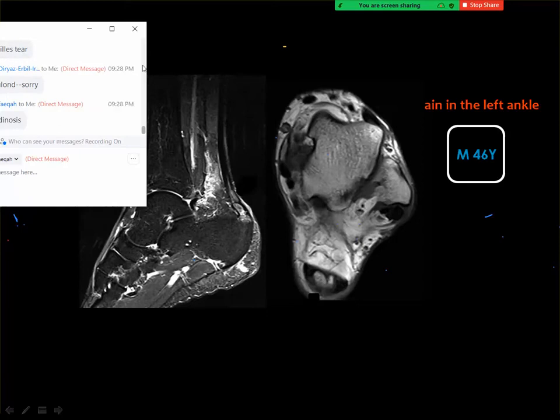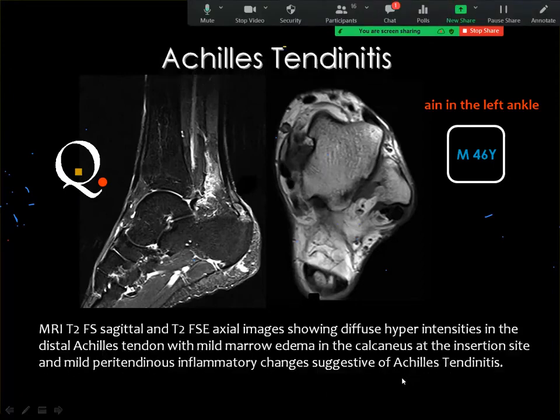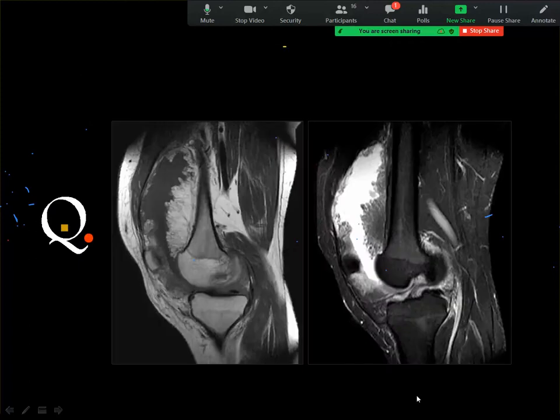Then if you got abnormal signal, yes, this is tendinosis, I agree. And this is Achilles tendinosis. You diagnose Achilles tendonitis or tendinosis by abnormal signal and sometimes increased caliber of the tendon, but the tendon remains intact.